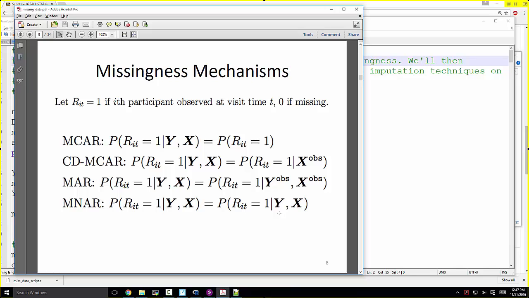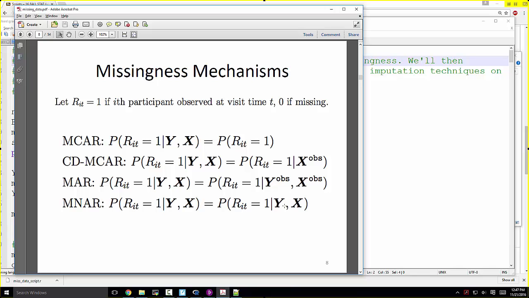As opposed to missing at random, the third entry here, which says that the probability of missing, given all the data and the covariates, is only dependent on the data that we actually observed. So if the probability of missingness depends on data that we observed, then we can hope to estimate that probability and move on from there.